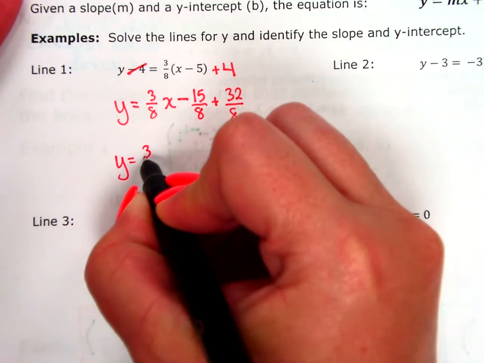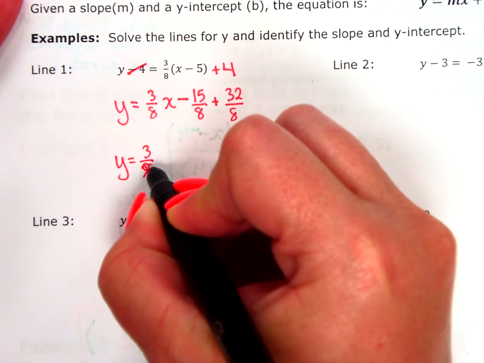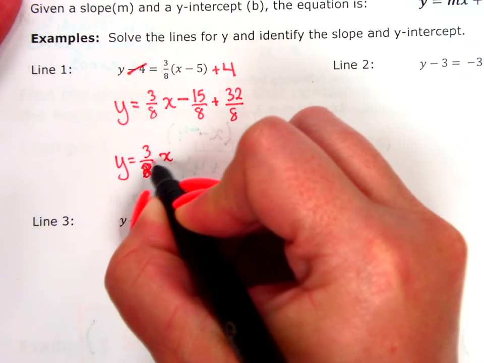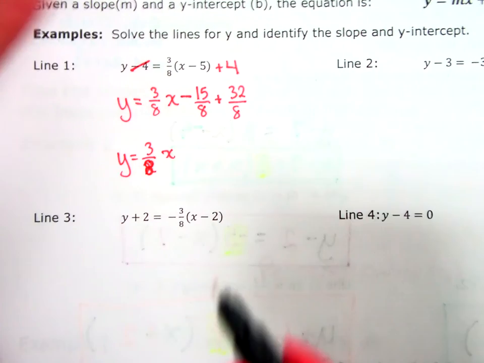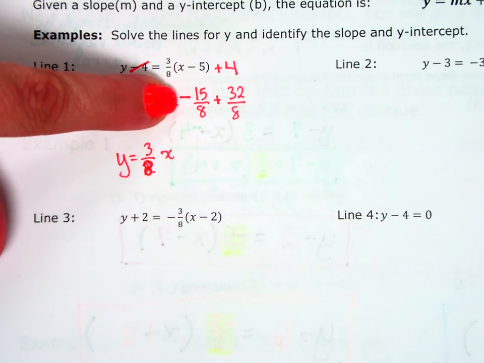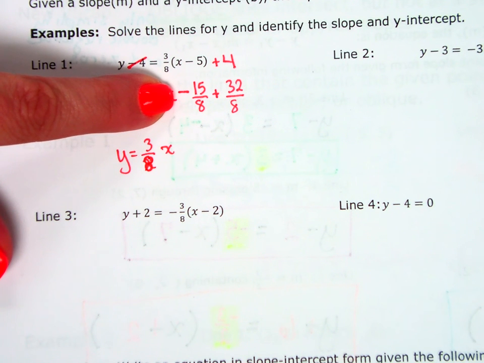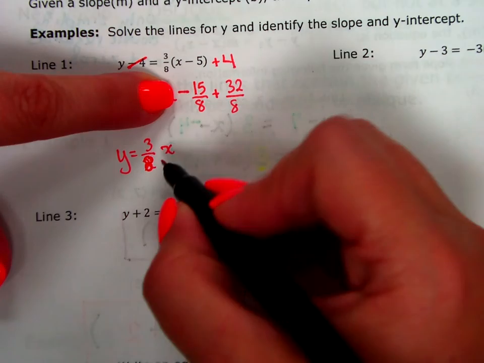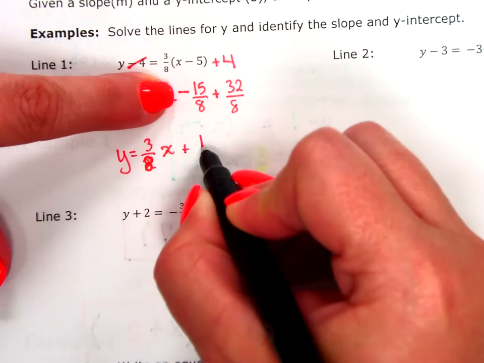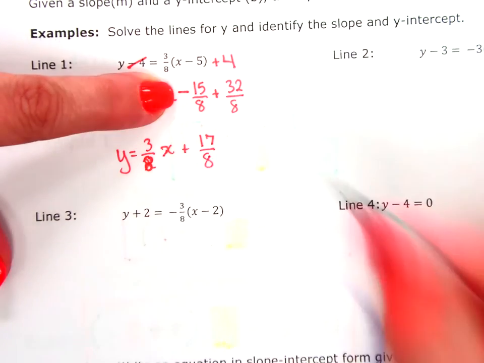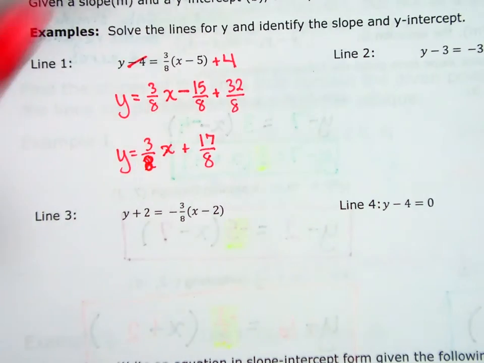Because now I can do y equals 3/8 x, oops, 3/8 x. That's an 8. And then I just have to combine these two fractions together. Negative 15/8 plus 32/8 is how many 8s? 17/8. Positive or negative? Positive 17/8.